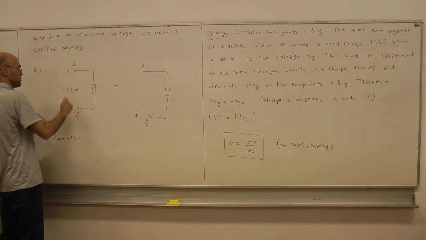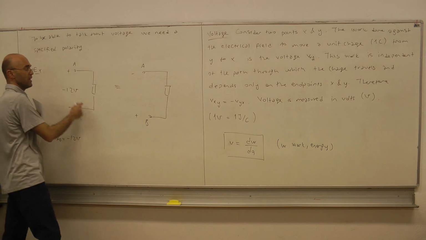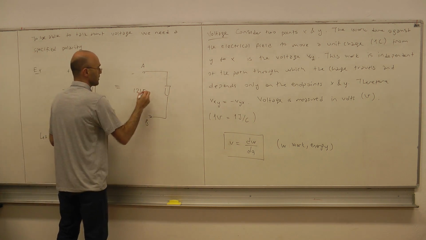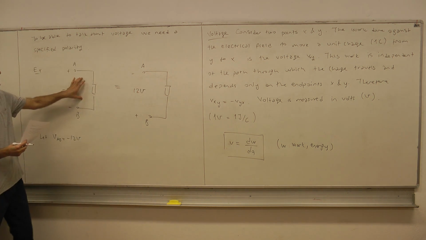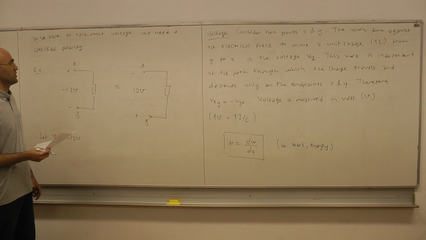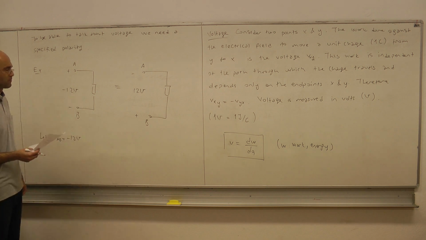Okay, if it's plus minus 12 volts, then minus plus it's minus minus, which makes plus 12 volts. Okay, this and that, they're telling us the same thing. So that's the business about polarity, about the voltage.